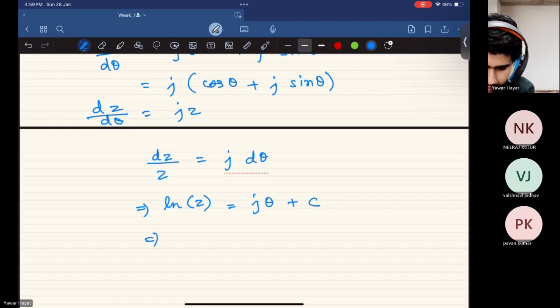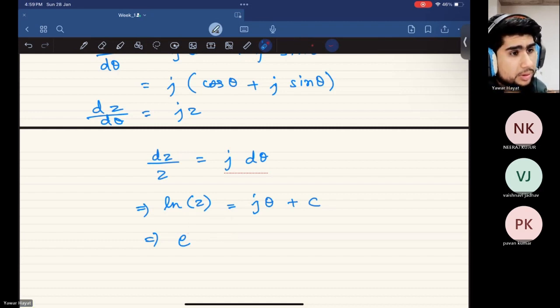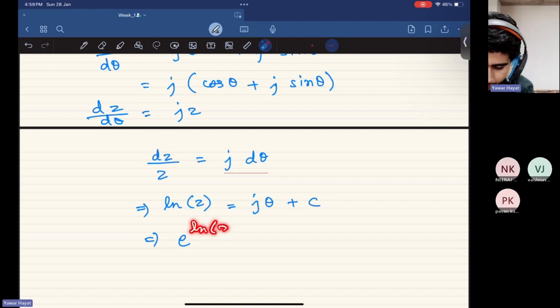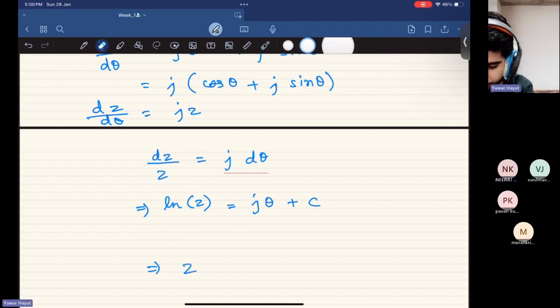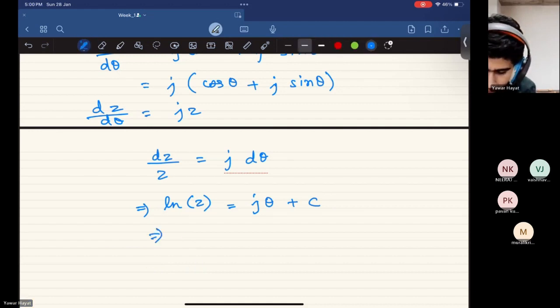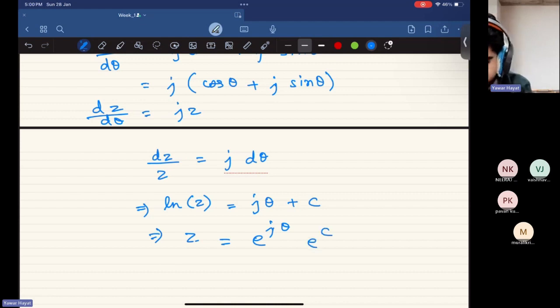Now if I take the exponential on both sides, I can write e power ln of z, but e power ln of z is z. I hope you are able to follow. And e power j theta plus c can be split into two exponentials, e power j theta times e power c.